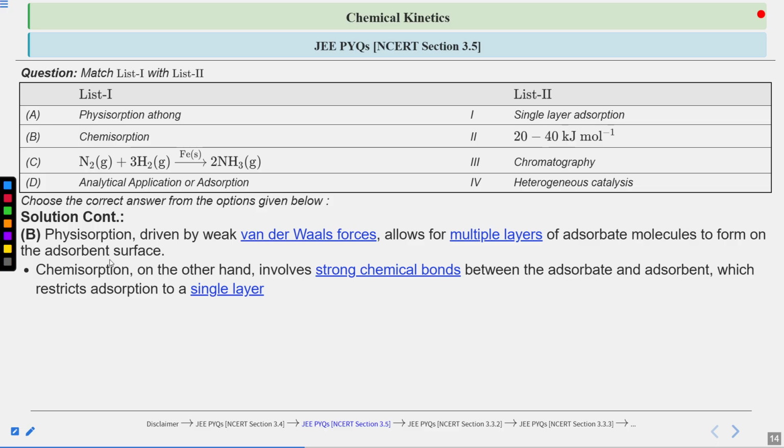So strong chemical bonds are present between the adsorbate and the adsorbent, which restricts the adsorption to a single layer. That's why only up to the single layer the adsorption is going to happen. That's why chemisorption is correctly matching with single layer adsorption, that is B with the first one.